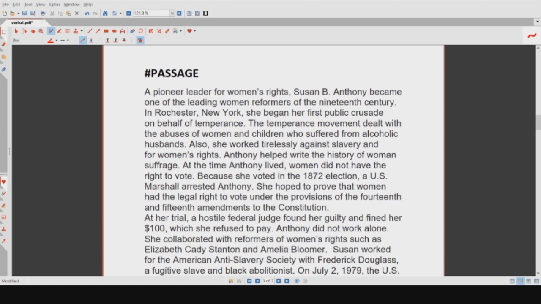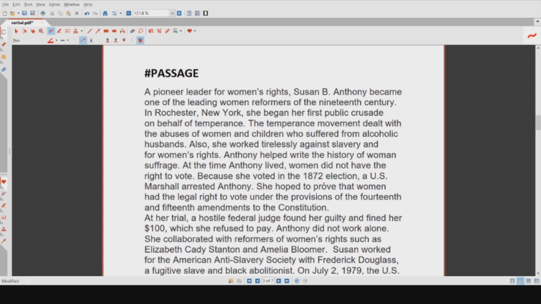The temperance movement dealt with the abuses of women and children who suffered from alcoholic husbands. Also, she worked tirelessly against slavery and for women's rights. Anthony helped write the history of women's suffrage. At the time Anthony lived, women did not have the right to vote.